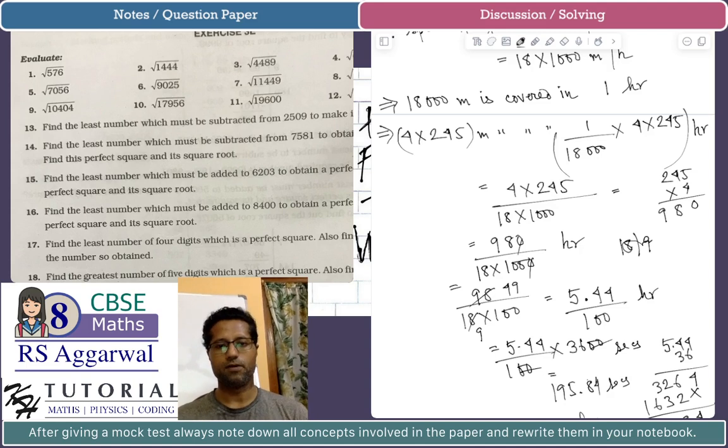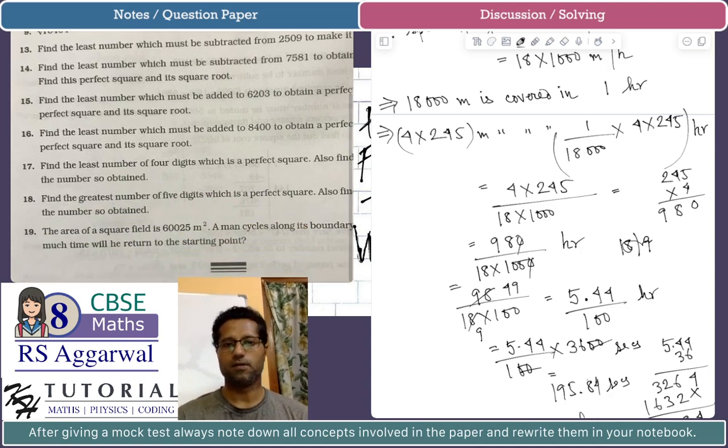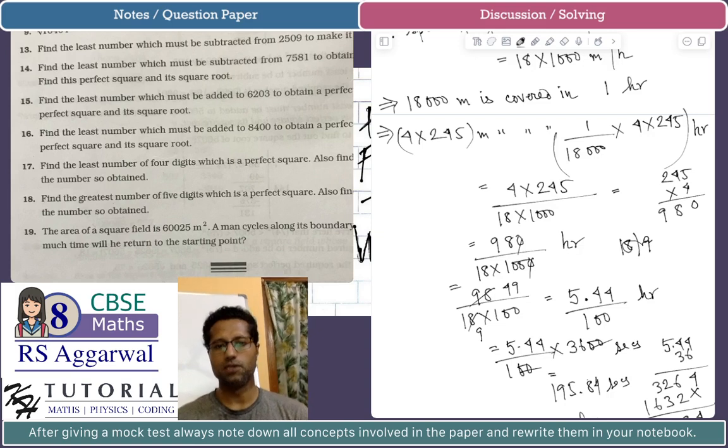Also, we have solved a problem where it is asking to find the least number of 4 digits or some number of digits which is a perfect square, and also the greatest number of 5 digits, or it could also be 4 digits or 6 digits, which is a perfect square.